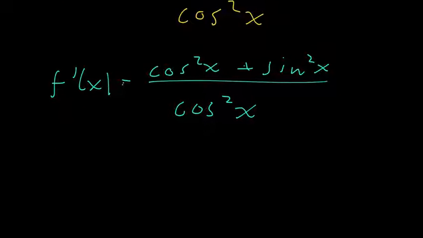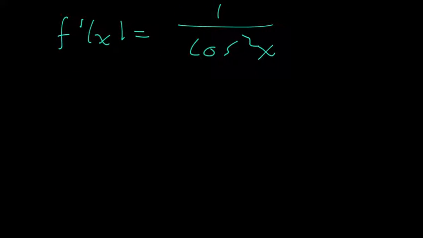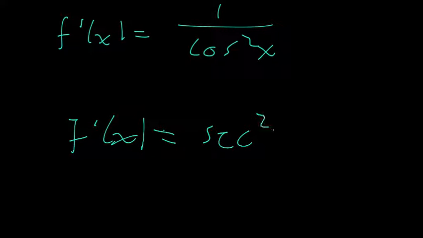If you remember your trig identities, you'll recognize that this cosine squared of x plus sine squared of x is just equal to 1. So we'll have f prime of x equals 1 over cosine squared of x, or f prime of x equals secant squared of x. So the derivative of tangent x then will be secant squared of x.